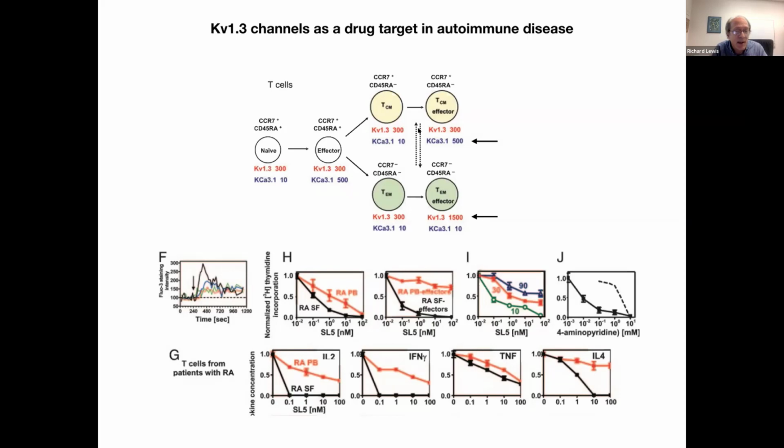So the interesting finding is that a KV1.3 blocker selectively suppressed this effector memory cell function, both in terms of suppressing calcium influx, suppressing proliferation of the cells, and suppressing cytokine production by these cells. So by preferentially suppressing autoreactive effector memory T cells, these specific KV1.3 blockers may have a therapeutic potential for treating autoimmune diseases in which effector memory T cells play a role.